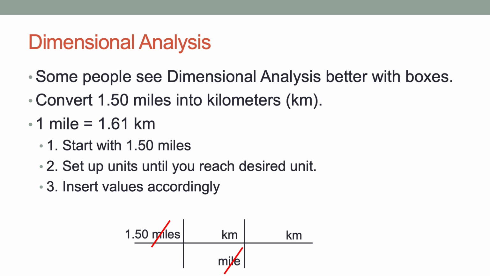Insert values accordingly. Let's put in our ratio. 1 mile is equivalent to 1.61 kilometers. And our answer, 2.42 kilometers.